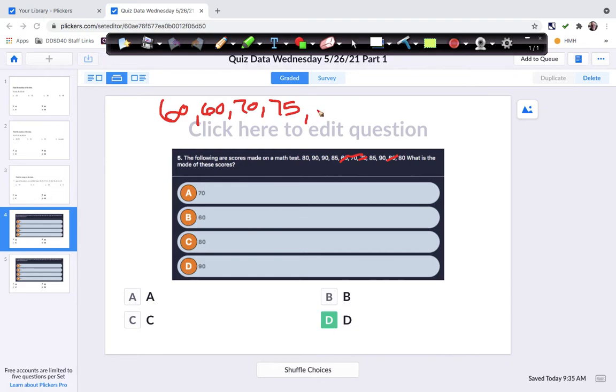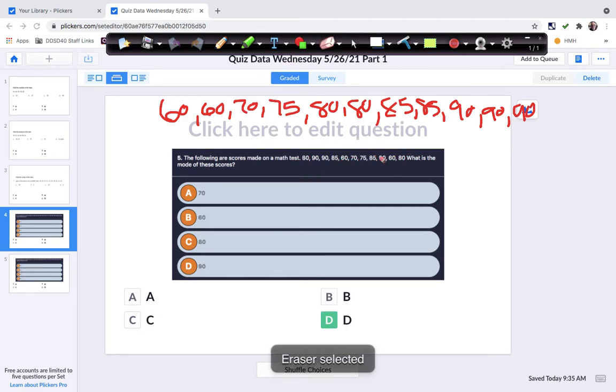And looks like next we have an 80 and another 80 and 2 85s and then 3 90s. So I should have 11. 1, 2, 3, 4, 5, 6, 7, 8, 9, 10, 11.